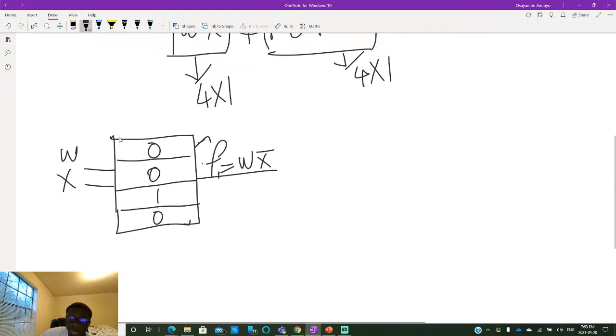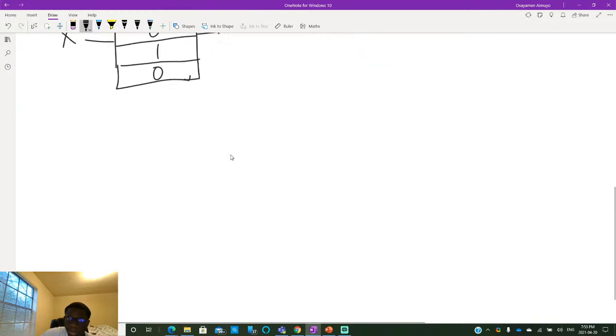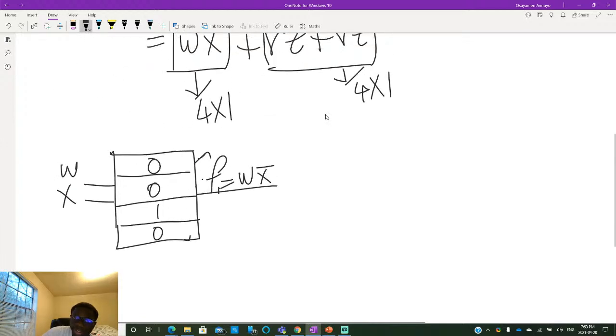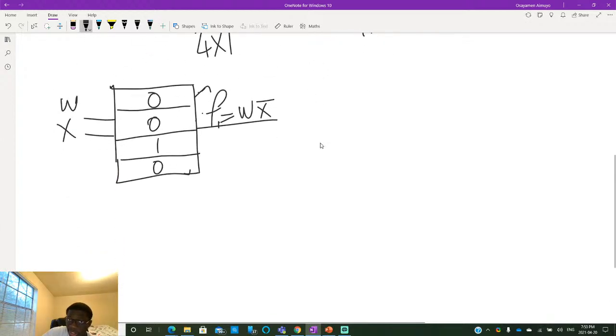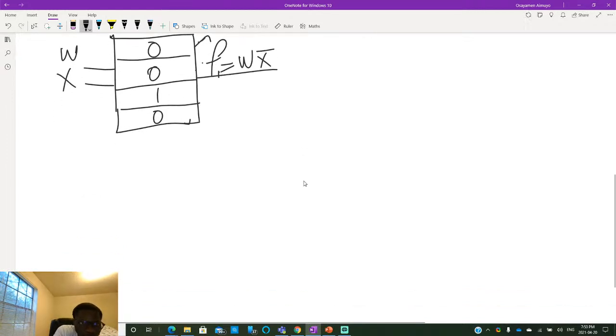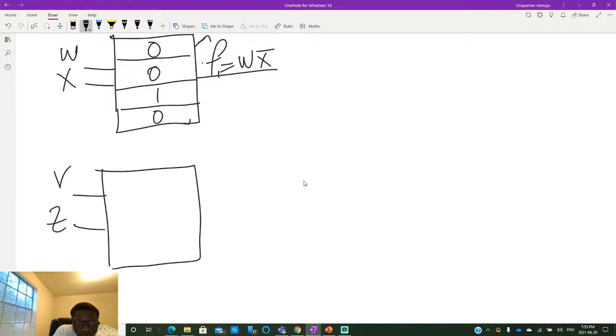And moving forward, let's get the second, because I said this could be implemented by a 4 by 1 ROM as well. So you have V, Z. Remember, we're representing the memory array on the ROM.